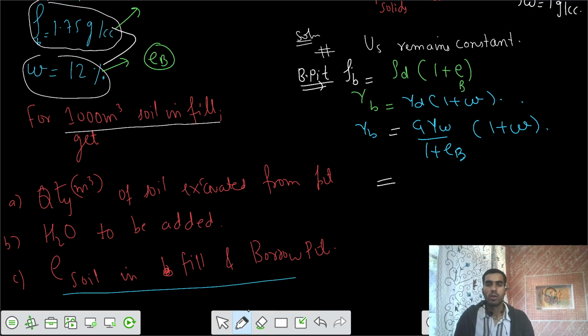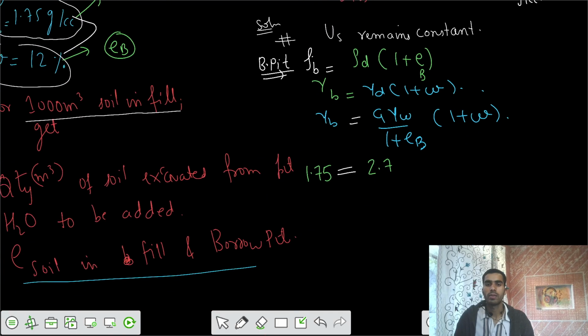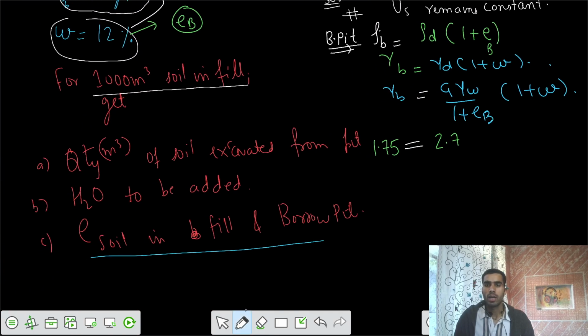Here, you had this density 1.75, and you had this G value of 2.7. Your solids' value of G is going to remain constant. That is the absolute specific gravity G, 2.7, into your value of gamma W in terms of density, so that's 1 gram per cc, divided by 1 plus E borrow pit into 1 plus water content.